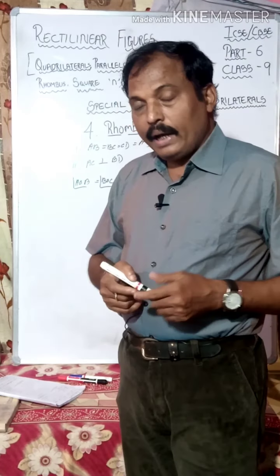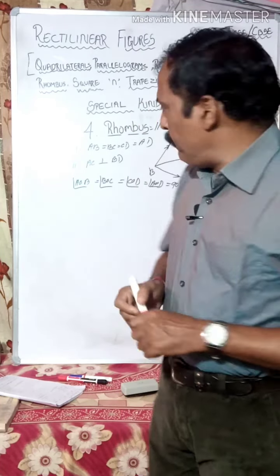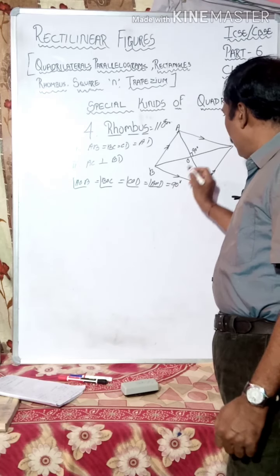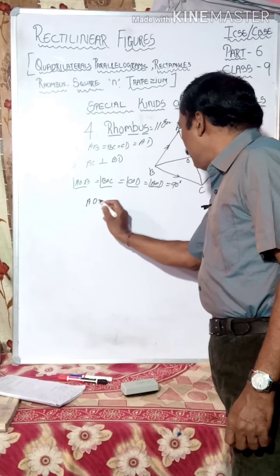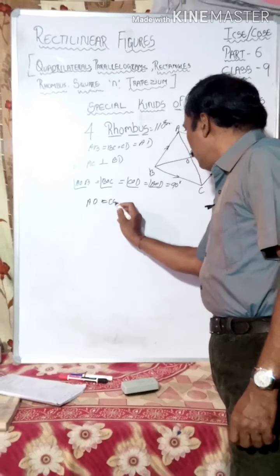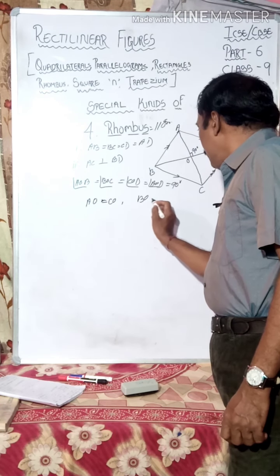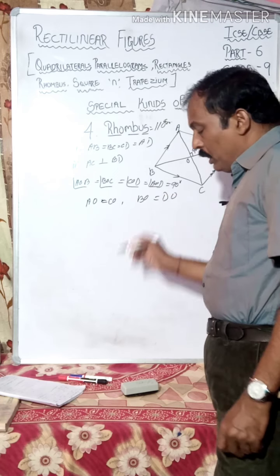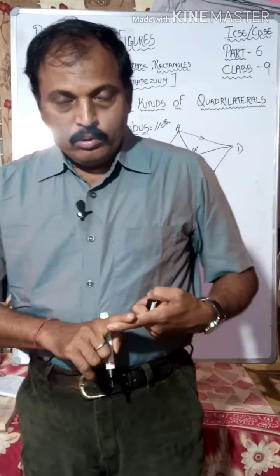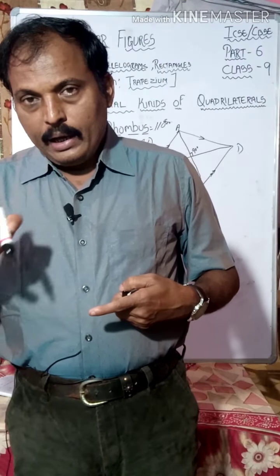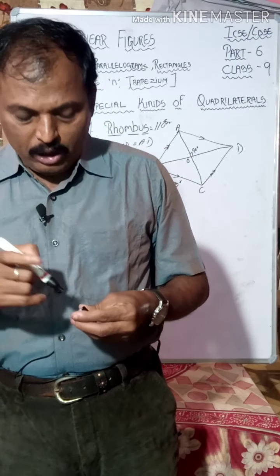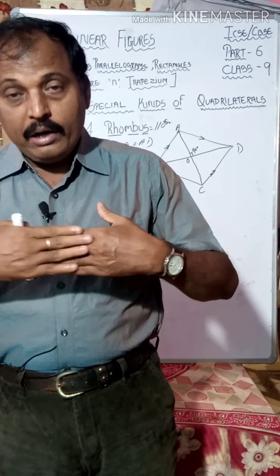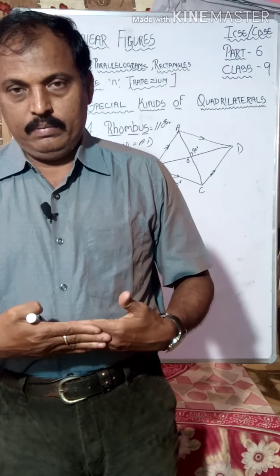Then the diagonals bisect each other at a point. We know in a parallelogram, AO is equal to CO and BO is equal to DO. But in a rectangle, we write AO is equal to BO is equal to CO is equal to DO, because in a rectangle the two diagonals are equal in length.